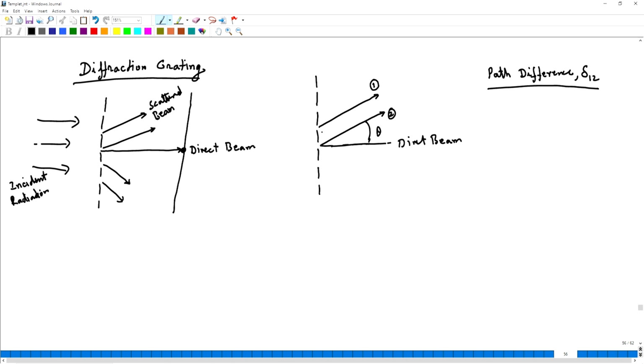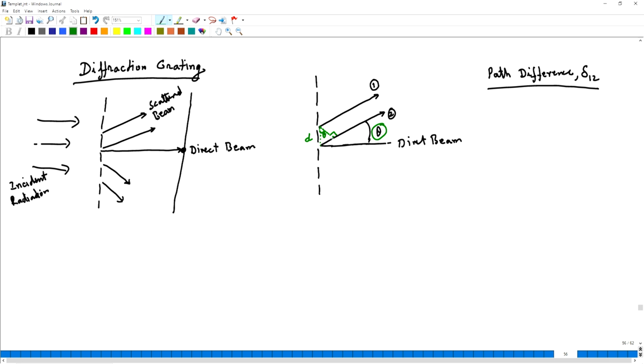So, let us do the following, and I will put some parameters out here. The distance between the slits is d. Let me drop a perpendicular from ray 1 onto ray 2. Now, this angle we know is theta. Therefore, very clearly this angle will also be theta. And what is the path difference?